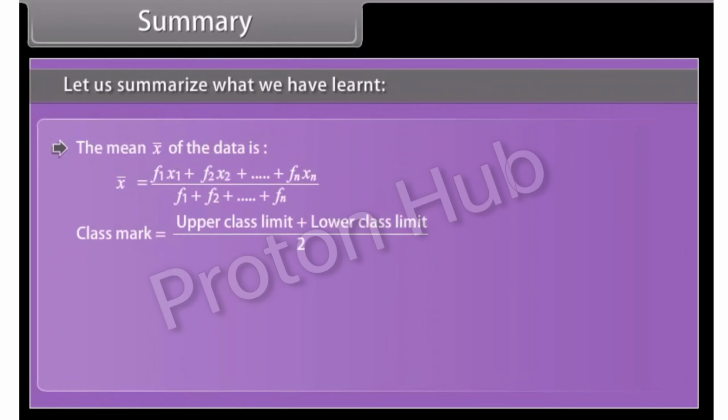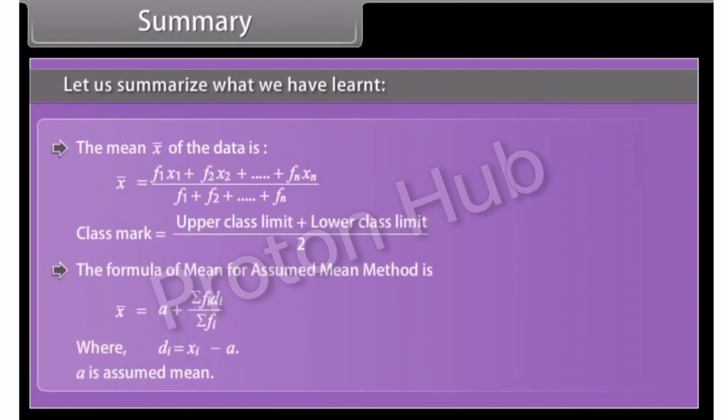Class mark equals upper class limit plus lower class limit upon 2. The formula of mean for the assumed mean method is assumed mean plus summation of the product of fi and di divided by summation of fi, where di is equal to xi minus a. a is the assumed mean.